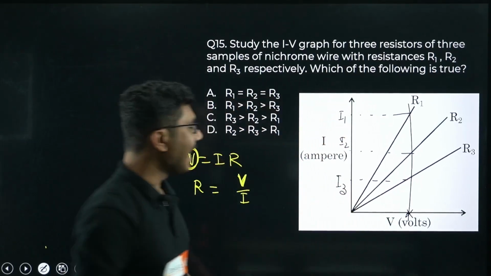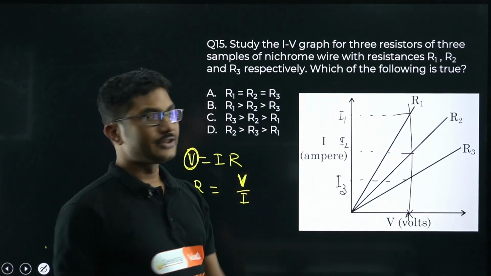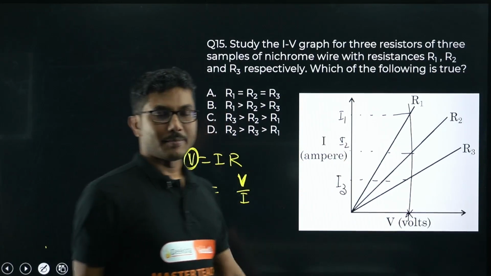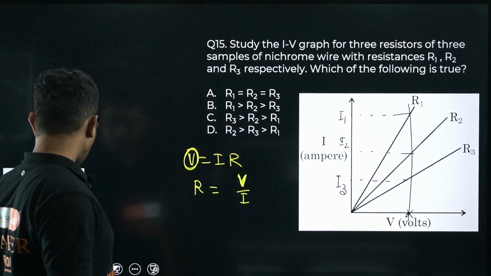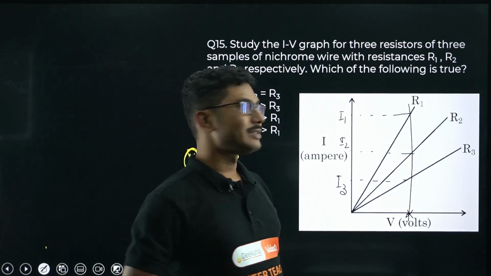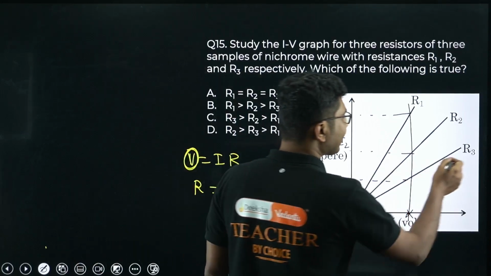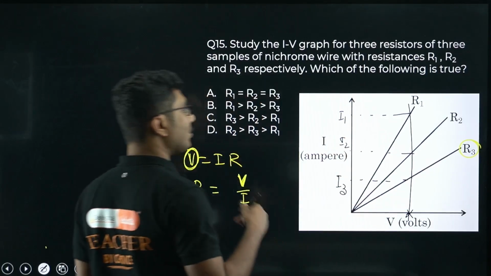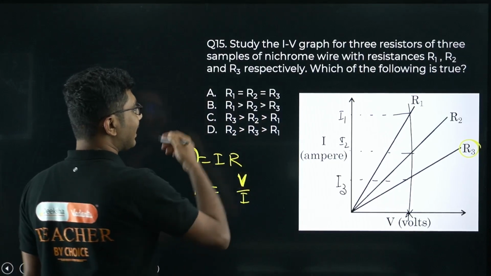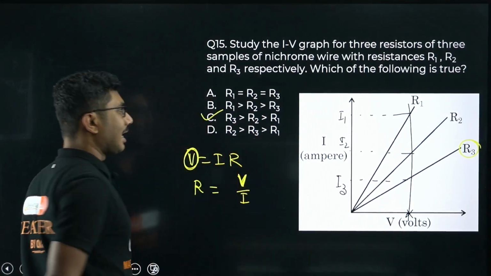I3 has the lowest value of current, I2 is in between, I1 is the maximum. As I said, more the current, lower is the resistance; less the current, more is the resistance. So R3 is definitely bigger than R2 and R1. So R3 is greater than R2, which is greater than R1. This is the correct answer.